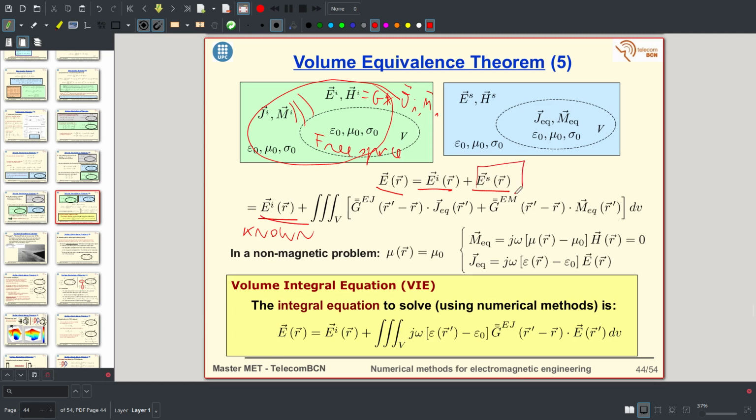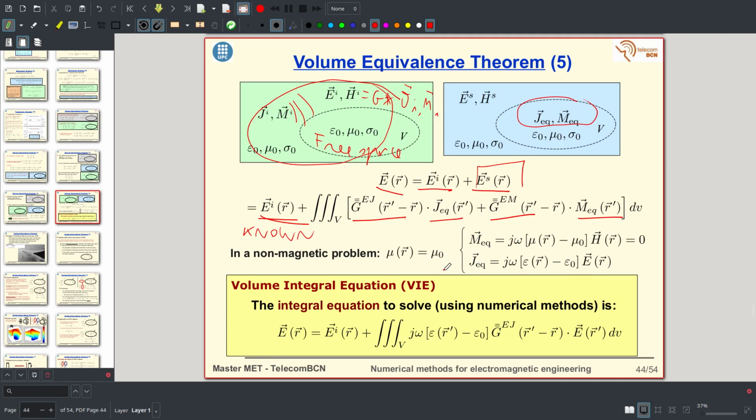The scatter field is the radiation of the equivalent currents. So it's the convolution of the Green's function times the equivalent currents for the electric current and the convolution of the Green's function with the magnetic equivalent current. And we replace the equivalent currents by its value.